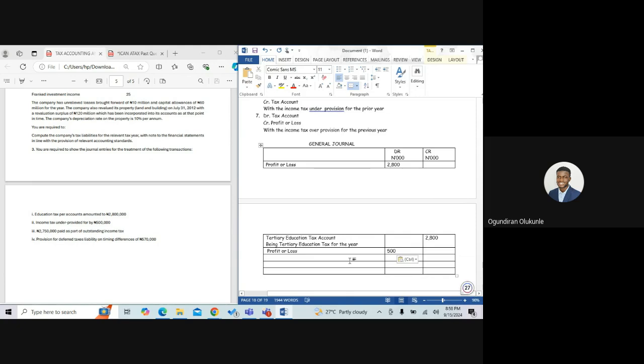Then you credit the tax account with the same 500, being the provision of tax liability for the previous year.